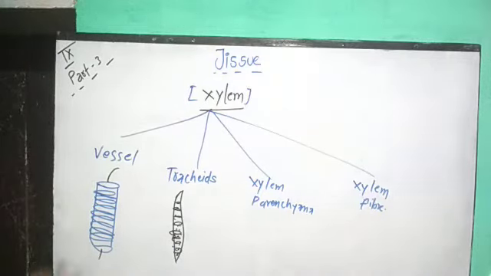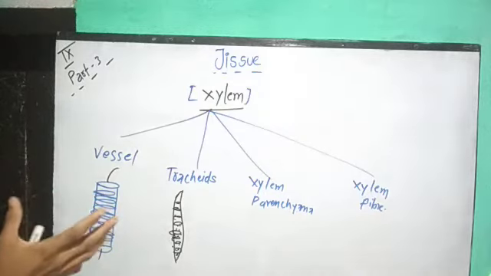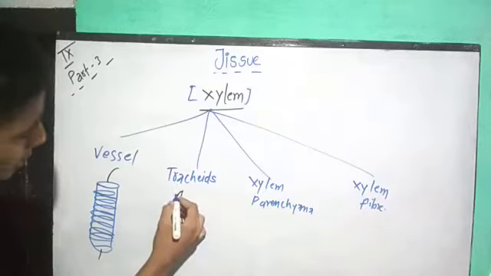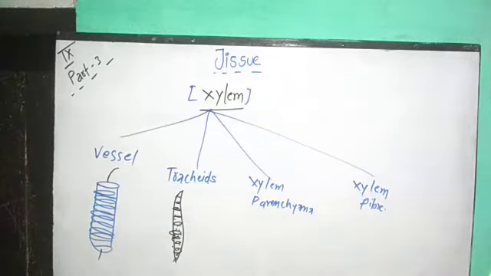Can you differentiate both the diagrams? Yes, we can differentiate very easily. Here we can see that the ends of the vessel are more flattened, or thicker than the middle one, whereas in case of tracheids, both the ends are closed and even they are thinner in nature as compared to the middle one.